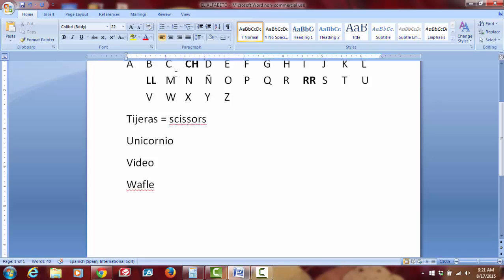All right, X. X has the sound of, typically, and not always, but typically, an X. Here's a word: xylophone. So we have that X sound. Now occasionally it does have a hard H sound, like in the word Mexico. Mexico.